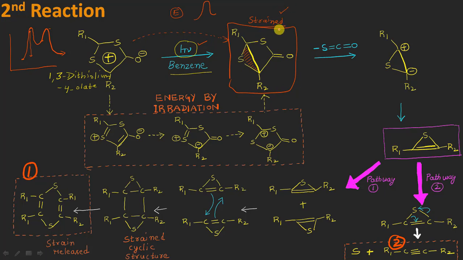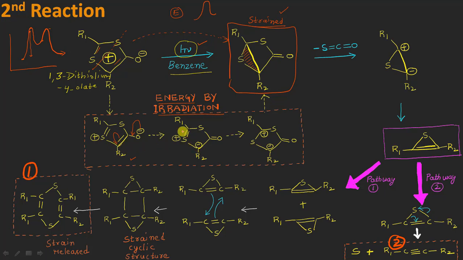You can see I have tried to show how this conversion is taking place. With the help of this energy by irradiation, first of all, keeping the symmetrical axis here and keeping two double bonds, we have this situation in which sulfur has a positive charge, and after that this negative charge shifts here, sending these electrons onto this carbon atom having the R2 substituent, so that we see a negative charge.